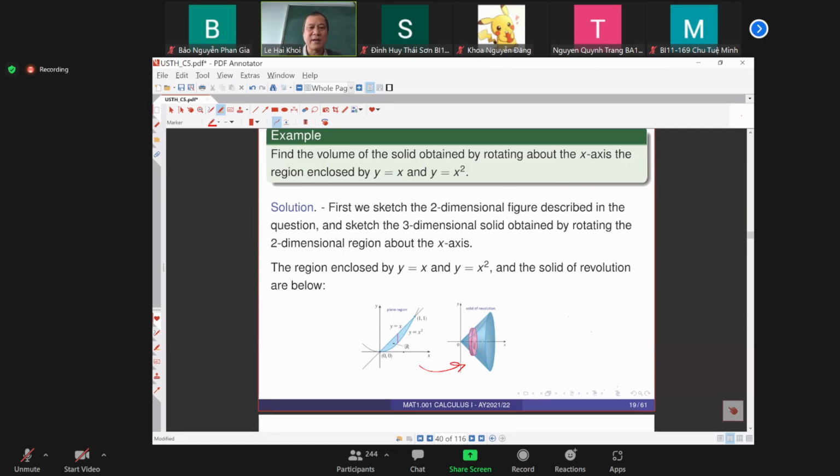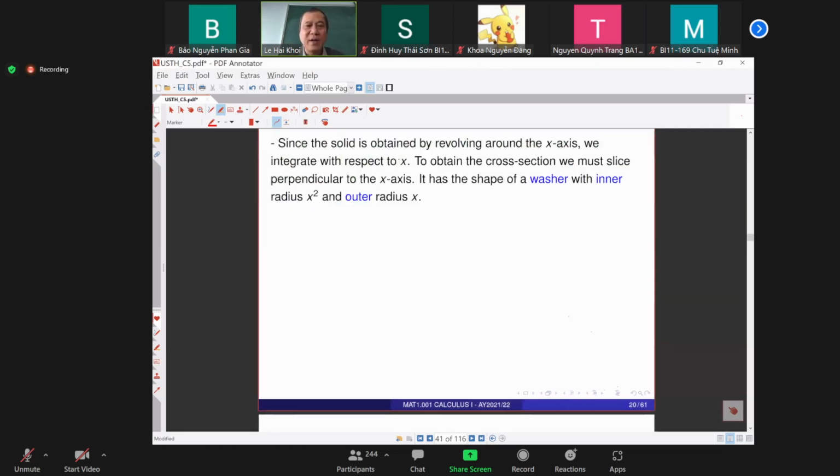what's the cross section here? So first, rotating around the x-axis, and we have to integrate with respect to x. The shape of the cross section is like a washer. Washer here, you see the inner radius and the outer radius, x and x squared, right?